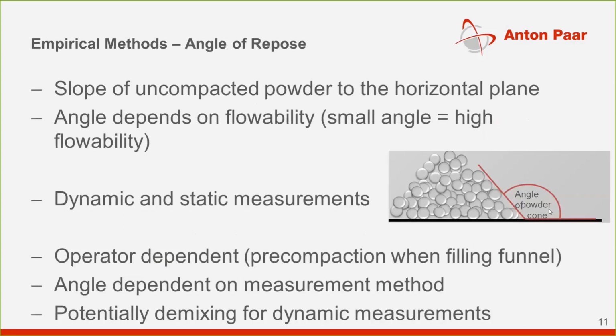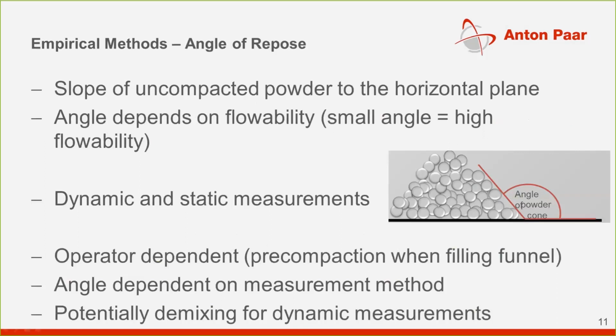Another group of measurement methods is the angle of repose. What is measured here is basically the slope of an uncompacted powder to the horizontal plane, as you can see here. So we can measure the angle of the powder cone. This angle depends on the flowability of the powder.